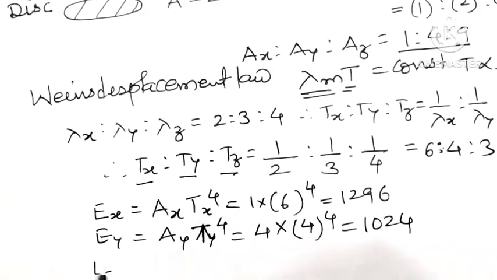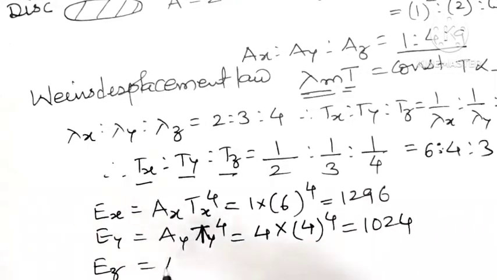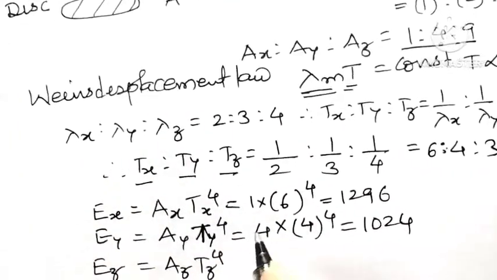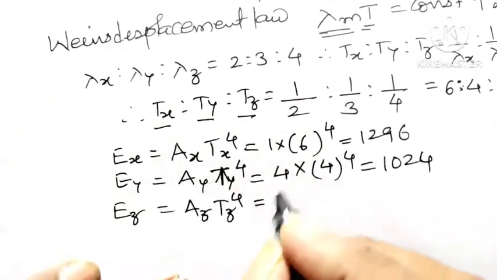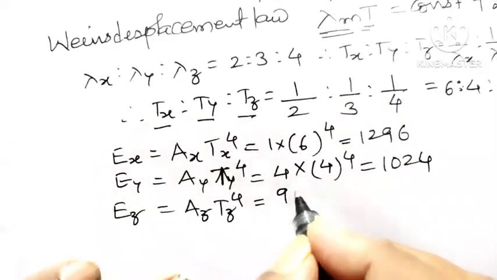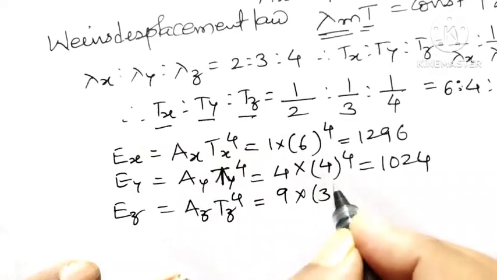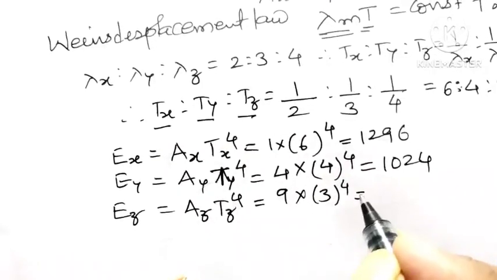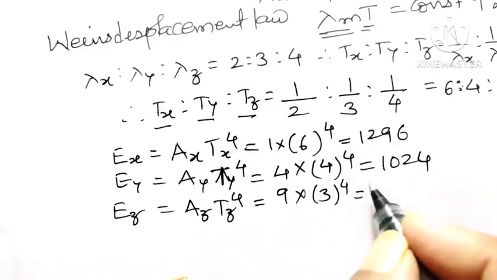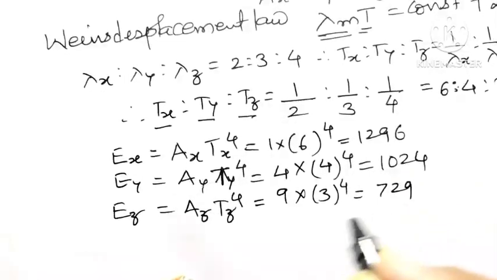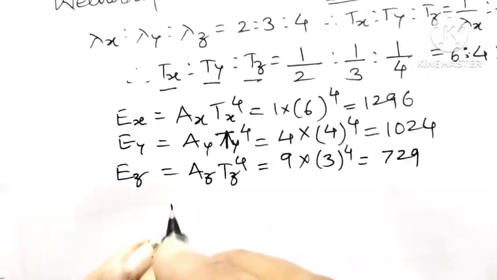And similarly emissive power of Z is Az into Tz raised to 4, that is 9 into 3 raised to 4, and that comes to be 729.